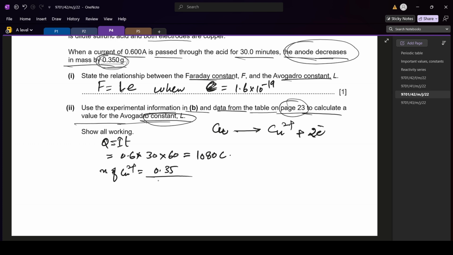So 63.5, and you will get the value of 5.51 into 10 to the power minus 3 moles.